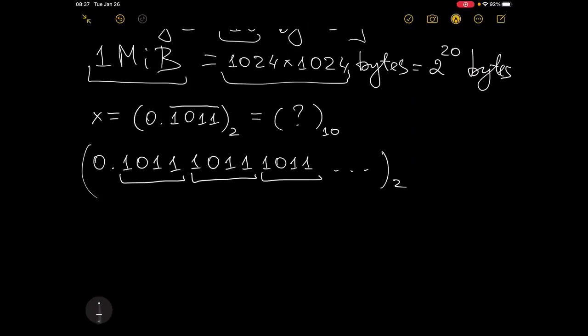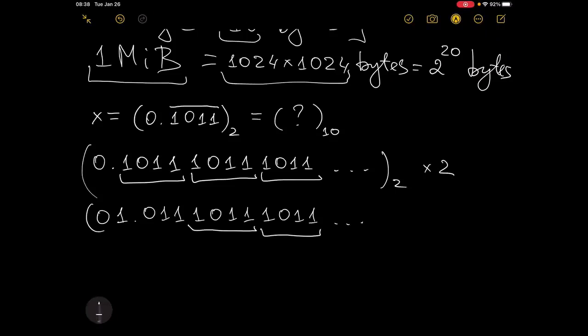Every multiplication by 2 moves the radix to the right by 1 position, right? So for example, if I multiply it by 2, this is what I will get. So pay attention, right? Okay.